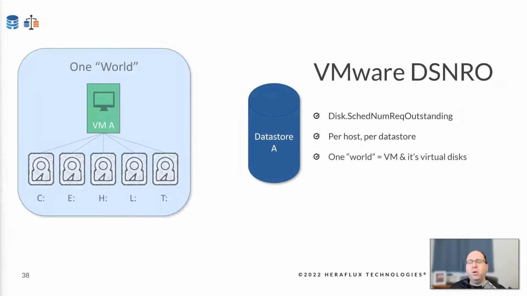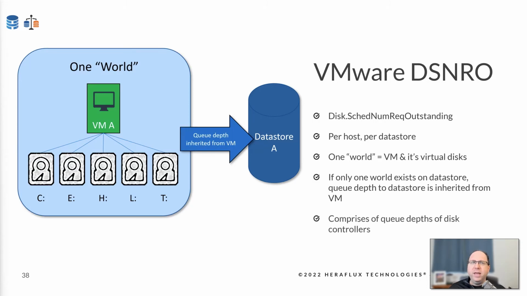Now, VMware also has a really interesting setting that not many people are aware of. It's called Disk.SchedNumReqOutstanding, or DSNRO. Think of it this way. Whoever originally came up with this a long time ago thought VMware was the center of their universe.